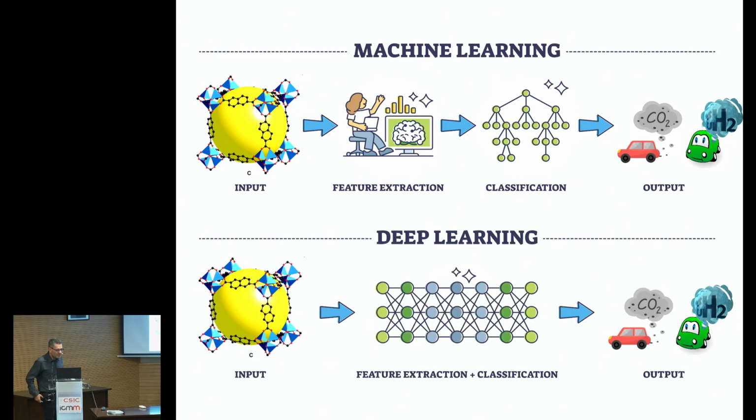The difference with deep learning is that the feature extraction is made by the program. We use neural networks here, and we only have to put in the input data. So we save a lot of time and effort from the people, but what's the penalty we have to pay? Deep learning methods are data hungry. You need a lot of data.